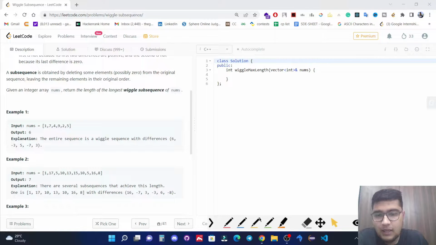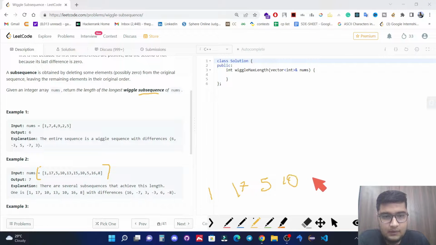Let's see the second example to understand how we can take a subsequence here. In the second example we have 1, 17, then 5, then 10, then 13, then 15, then 10, then 5, then 16, and then 8. Let's make a graph for this.